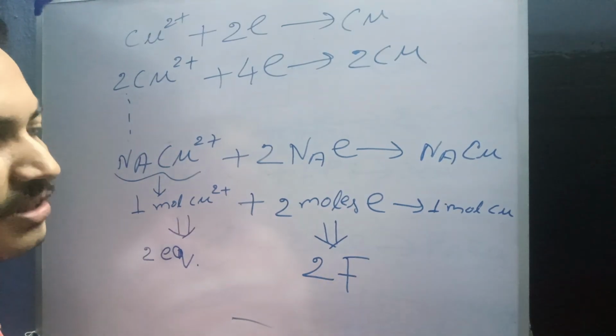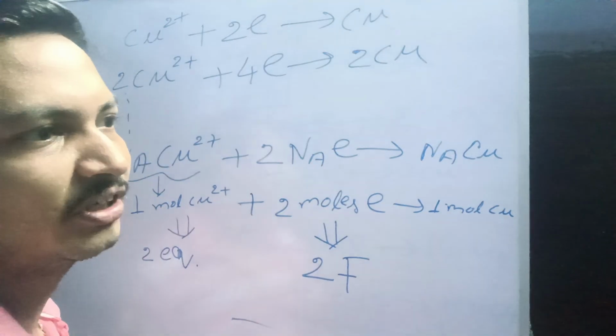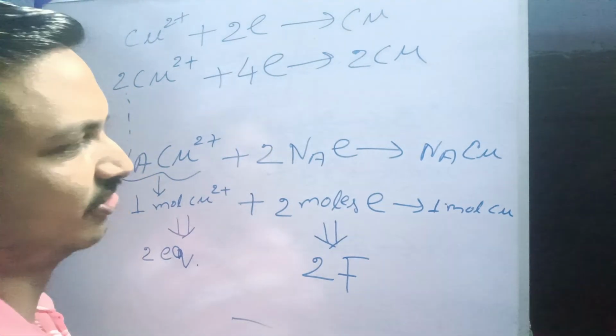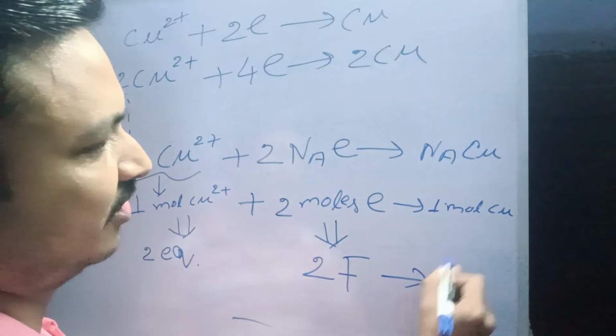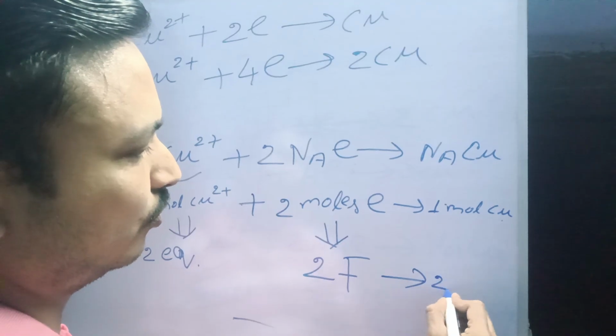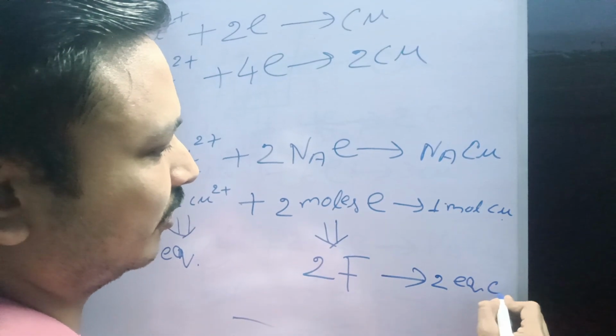Here F is the Faraday. 1 Faraday is equivalent to 1 mole of electrons, and 1 mole of copper means 2 equivalents of copper.